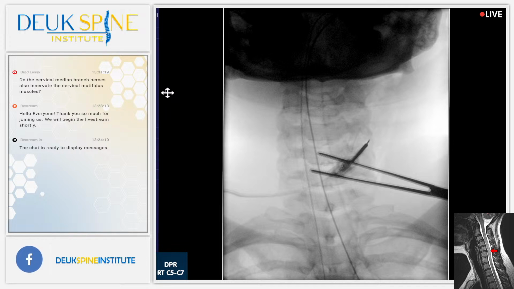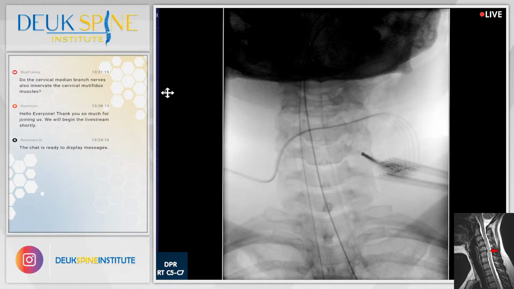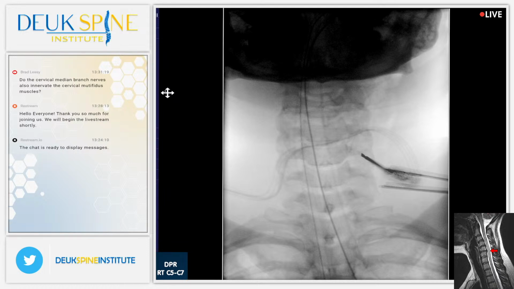Yes, I'll take the question. Of course, coming from Brad on YouTube, asking, do the cervical median branch nerves also innervate the cervical multifidus muscles? No, they don't. The medial branch of the dorsal ramus nerve that we are destroying is only a sensory nerve and innervates only the facet joints.